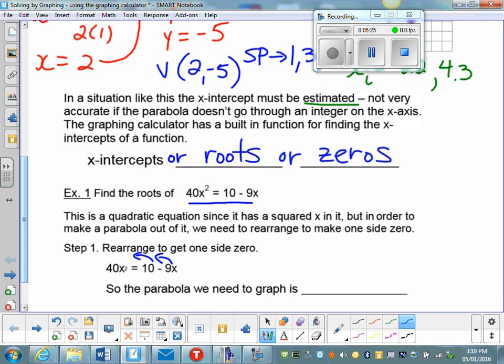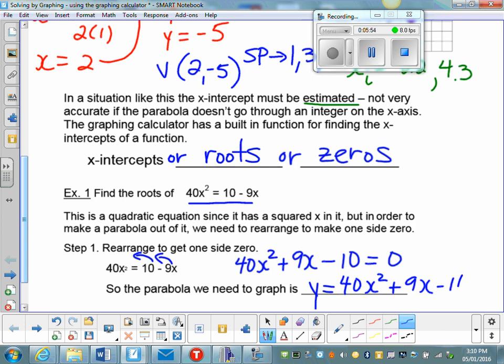The 40x squared is already positive, so I'll leave it as 40x squared, then plus 9x, and then minus 10, and that'll be equal to 0. So the parabola that we want to graph to find the x-intercepts is y equals 40x squared plus 9x minus 10.